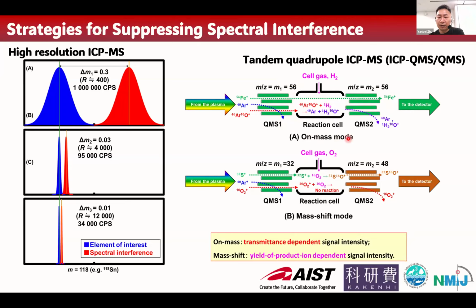This is called on-mass mode measurement. Another way is to set different m/z values for the second quadrupole from that of the first. Here is the example of sulfur 32 changed to its monoxide ion measured at 48.